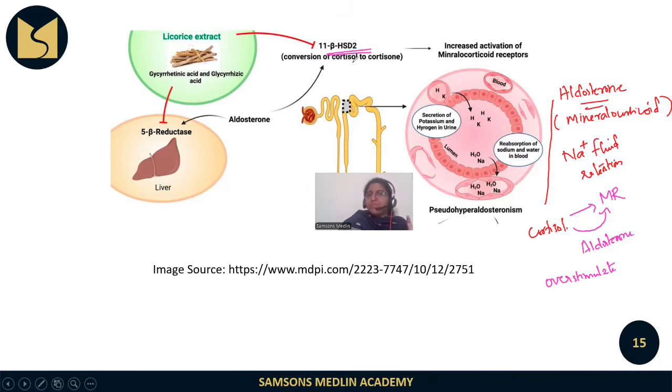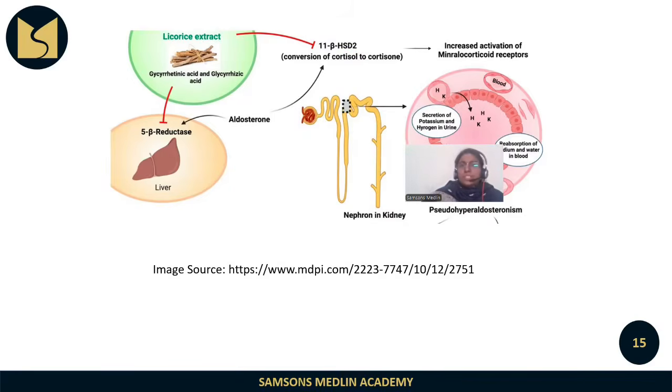Now this cortisone is not able to bind to the mineralocorticoid receptor, so it is basically inactive at this receptor. Once it is not able to bind to the mineralocorticoid receptor, it cannot cause sodium and water retention.